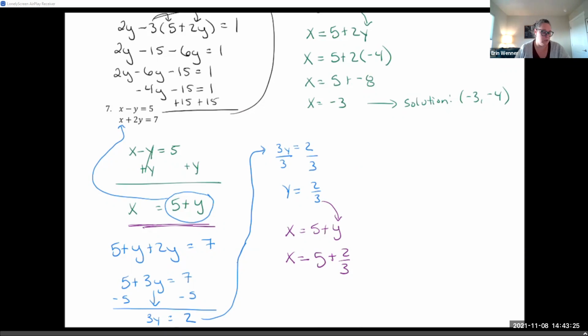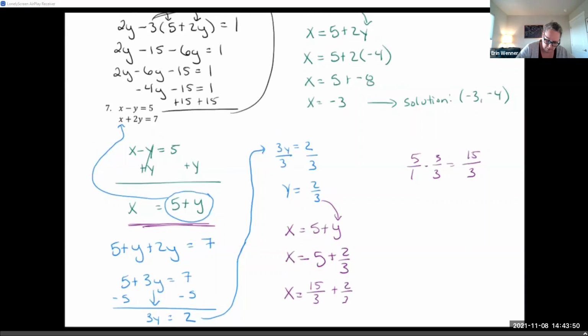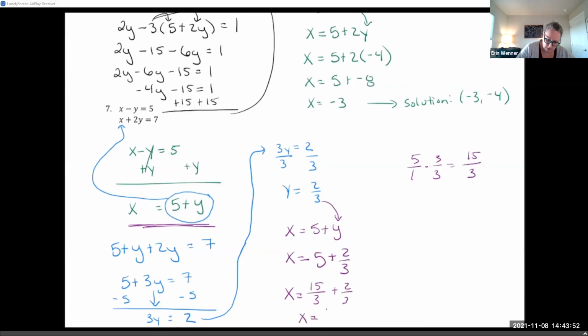Your homework wants you to write them as improper fractions. So that means we need to come up with a common denominator here. So if I take 5, which is 5 over 1, and I multiply it by 3 over 3, I end up with 15/3. The reason I want to do this is so that I can add those fractions together, giving me 17 thirds for X.